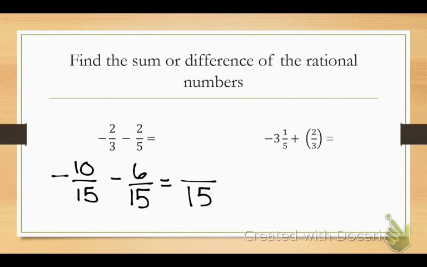Now I must pay attention to the signs of my numerators. 10 is negative and 6 is negative. -10 minus 6 is -16. -16 over 5. If you said -1 and 1/15, perfect, okay, that's fine. As long as you reduce it all the way, which it is reduced, okay?